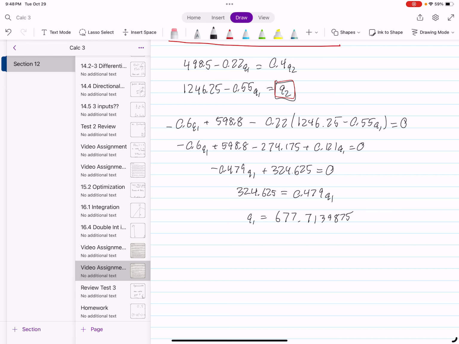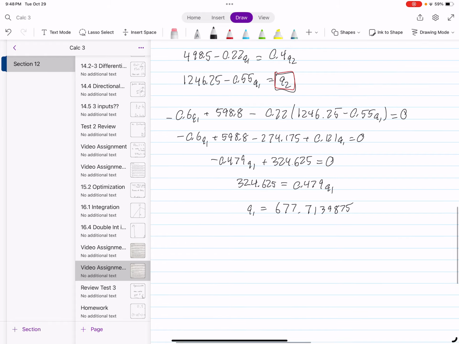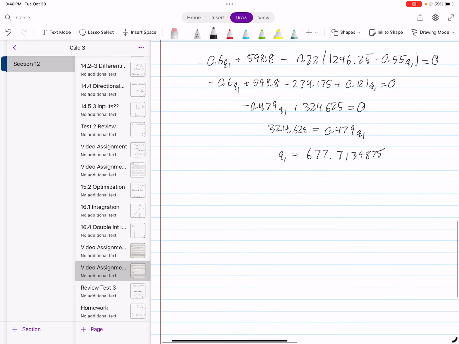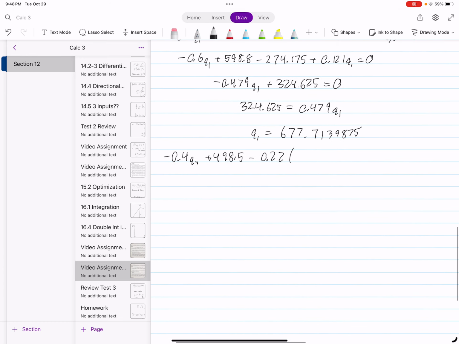Okay, so now that we have one of these variables, we can solve for the second variable. So we'll use the second equation for Q2: negative 0.4 Q2 plus 498.5 minus 0.22, and then we will plug in the Q1, 677.7139875.